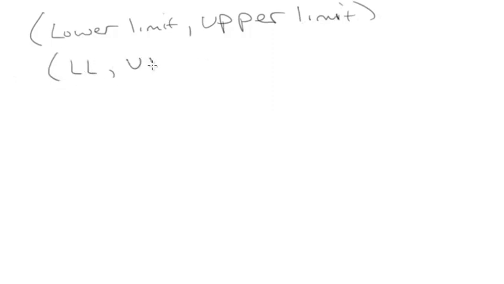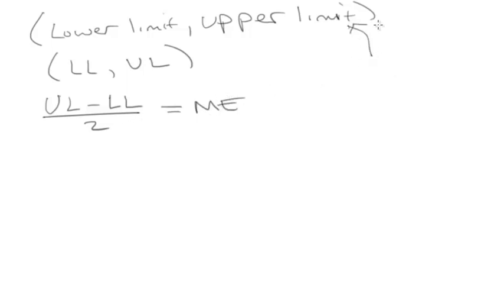So how to find the margin of error if I only know these two values, but I know it's a confidence interval. I know that the margin of error is going to be the difference between the upper limit and the lower limit divided by 2. That's how I can generate the margin of error.